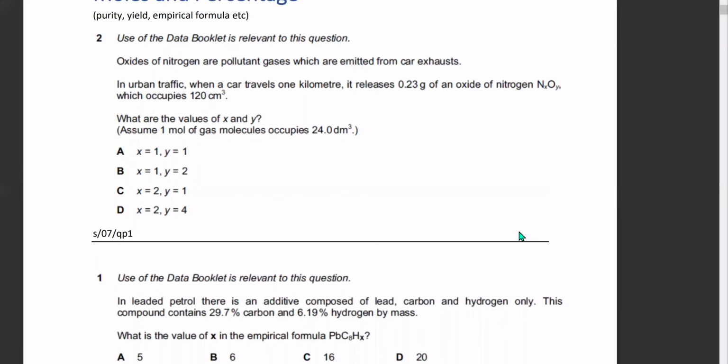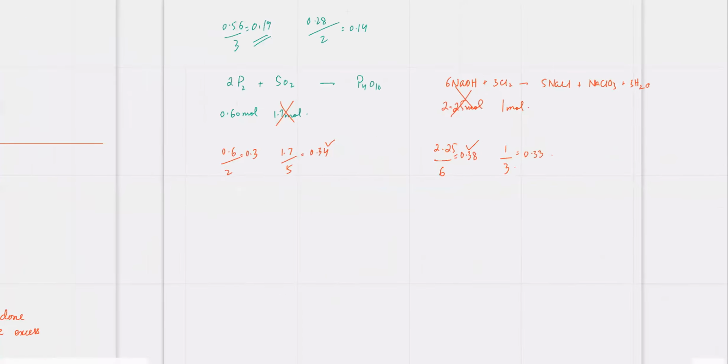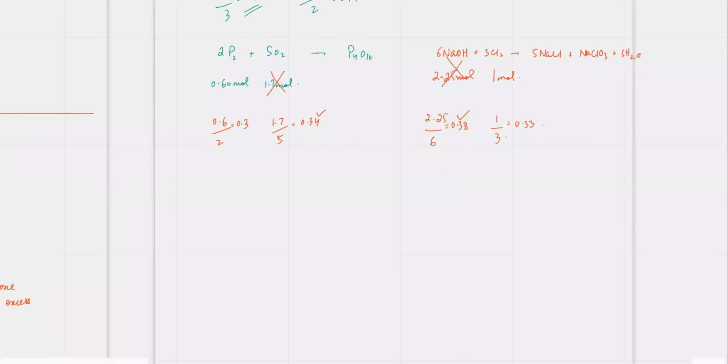So now everyone must know what empirical formulas are. I'm assuming everyone knows that. How do you find the empirical formula? What are the 2 steps? If you remember those 2. Is it the simplest ratio? Yes.